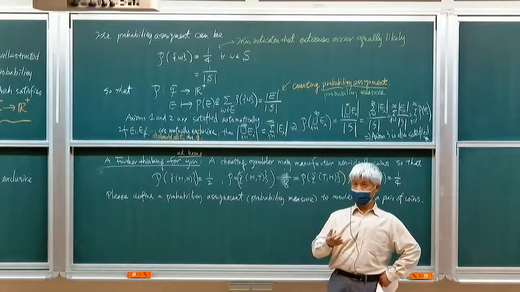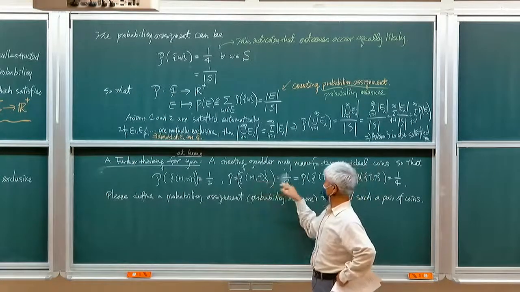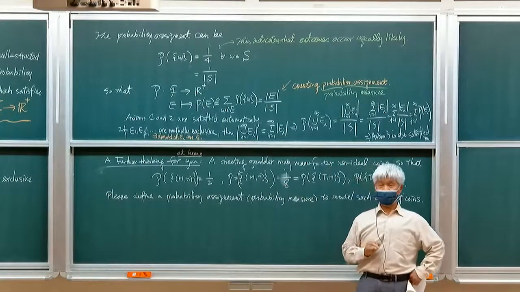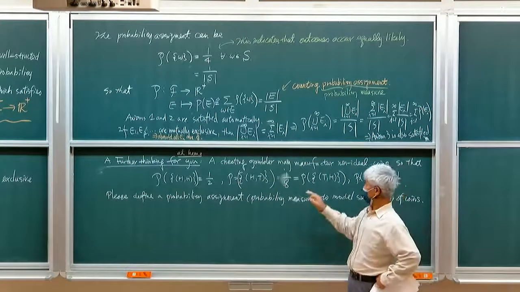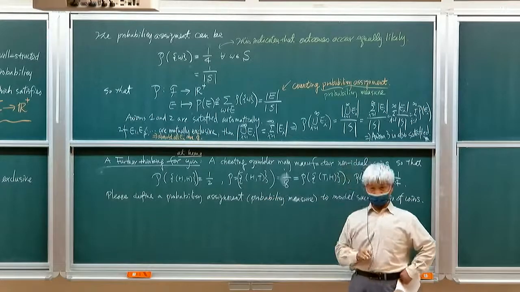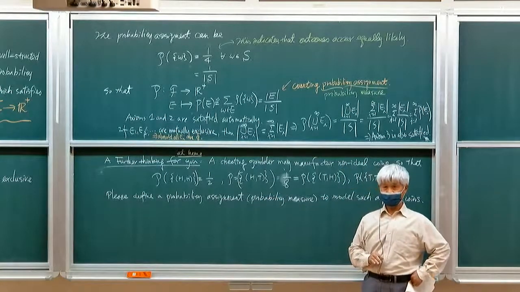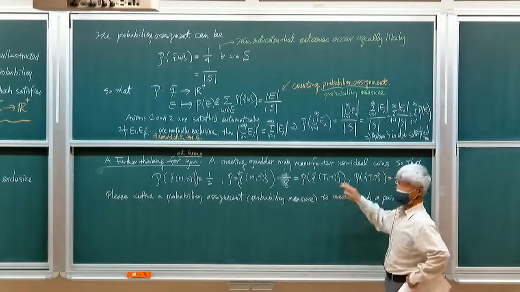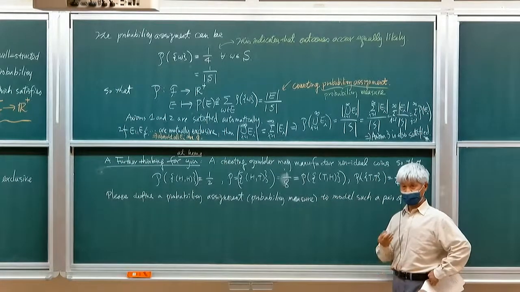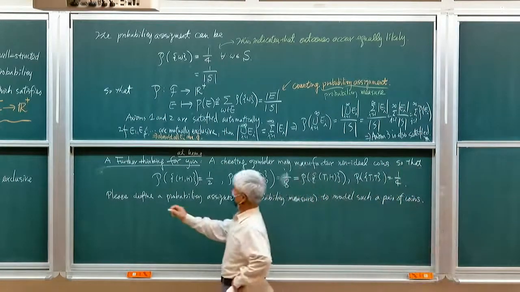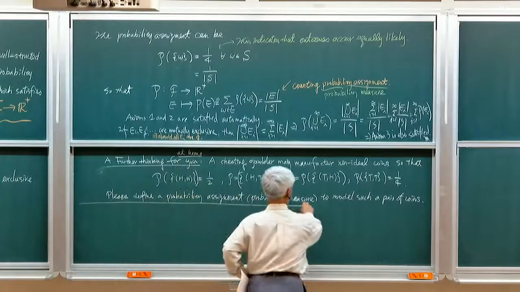The gambler should, according to this prior information, build a probability assignment. So what is the probability assignment according to this information? You can construct that. That is for you to think about.